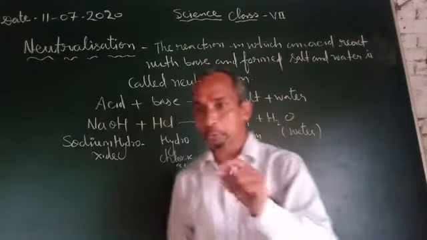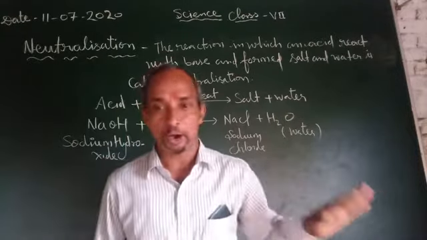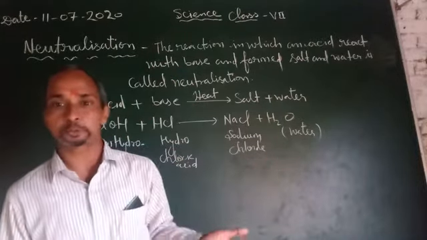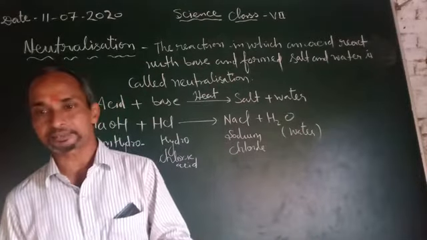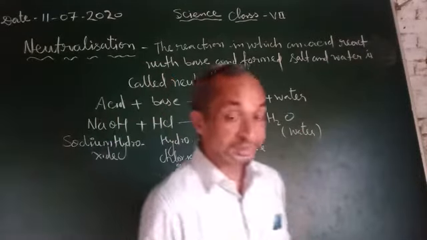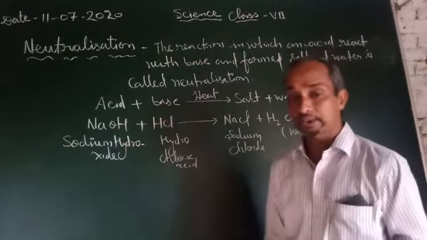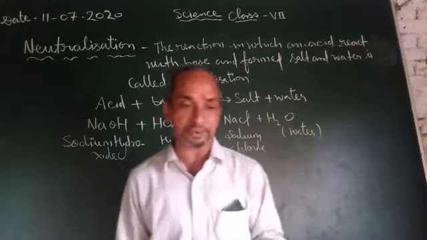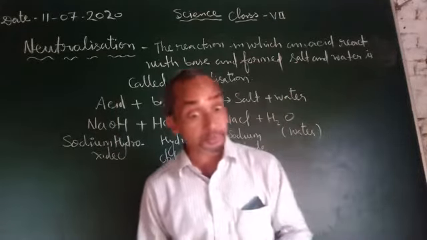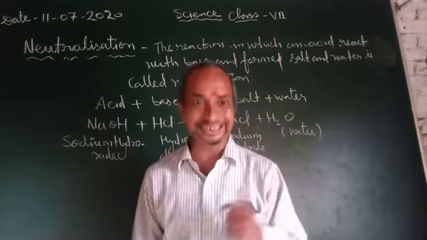So in order to cure indigestion and get rid of pain or irritation, we can take a base, called an antacid. Doctors prescribe antacids for pain in the stomach or irritation due to overeating or various other reasons.